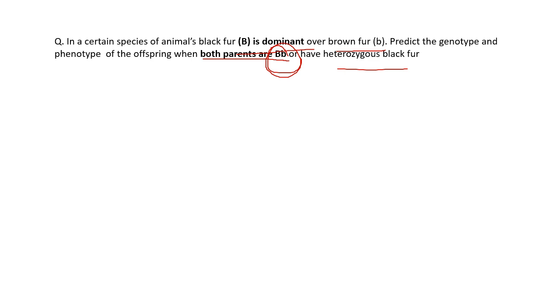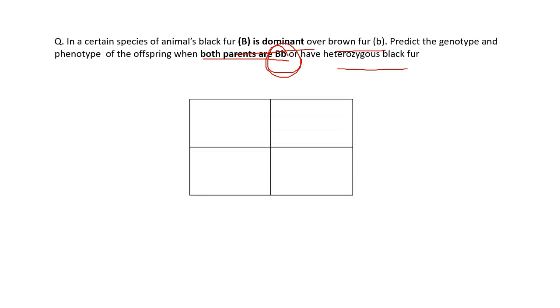So how can we solve this question? To have the answer, first let's make a square table, and we can make symbols here like male and female, and then write down the gametes produced by the parents.